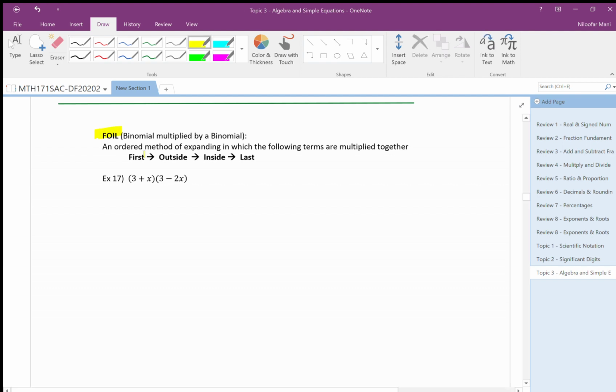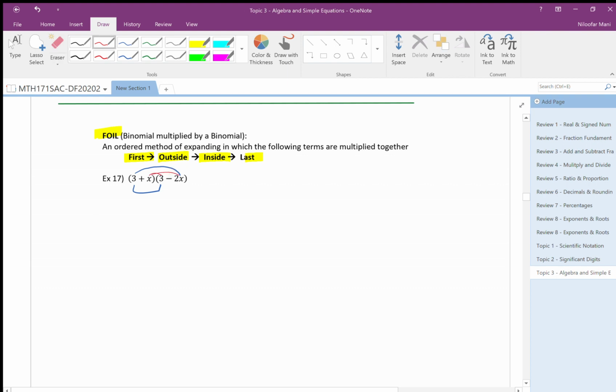It stands for first, outside, inside, last, and the meaning of this is you multiply the first two first, and then you multiply the outside, so these two which are outside, and then you multiply these two which are inside, and then you multiply these two which are last.